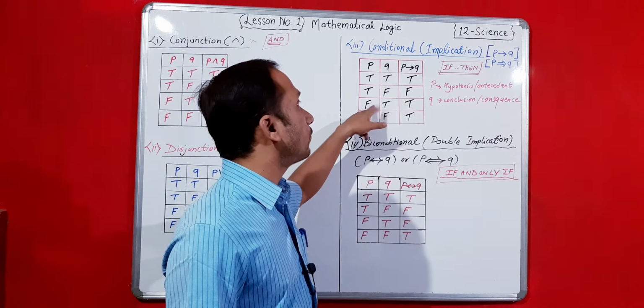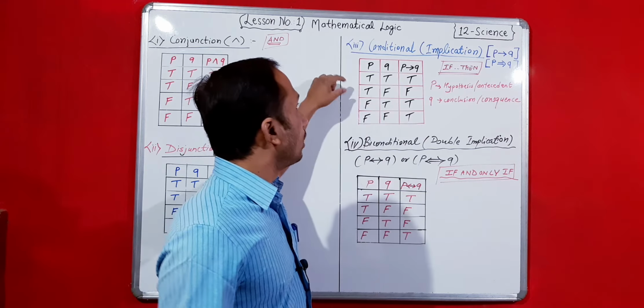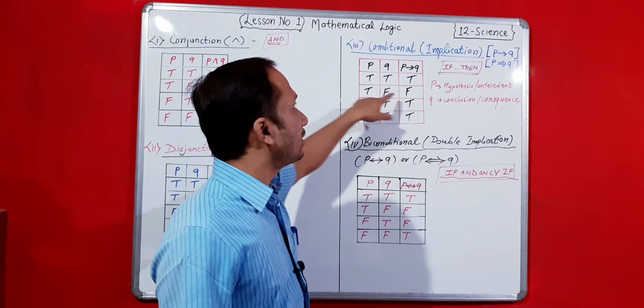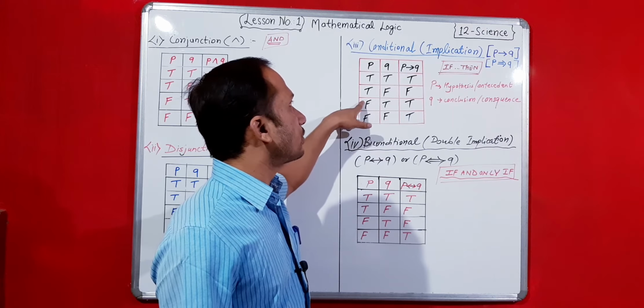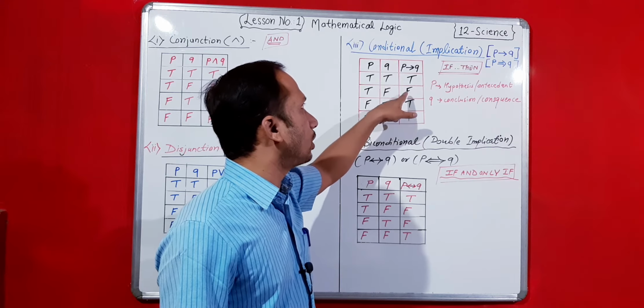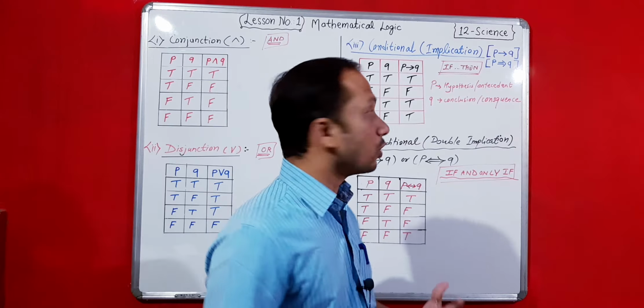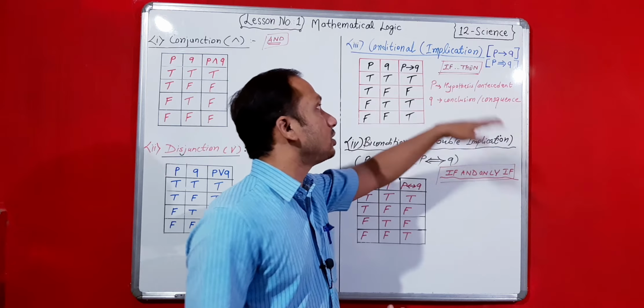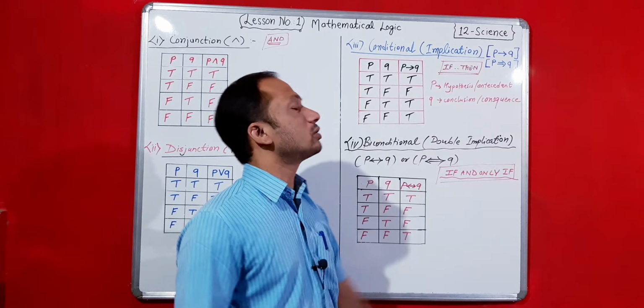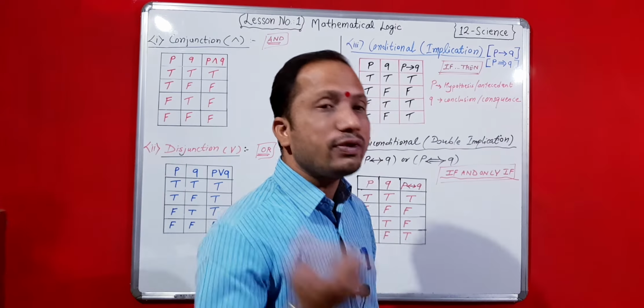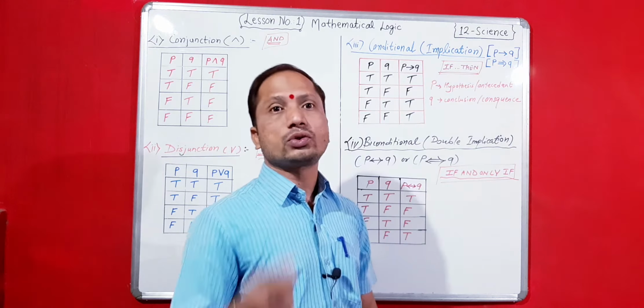If one is false and one is true, it is true. See this: first is true and second is false, then false; first is false and second true, true; false false, true. Only one statement is false, because P is the hypothesis or antecedent and Q is the conclusion or consequence, meaning your Q totally depends on P.